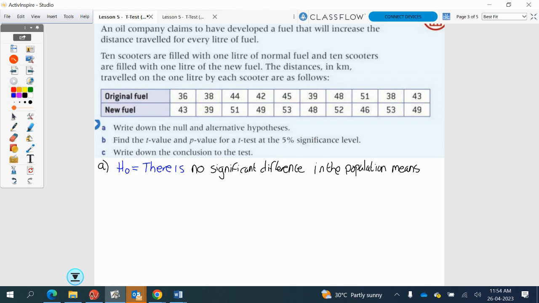Now for the alternate hypothesis this time, we can still say that there is significant difference.